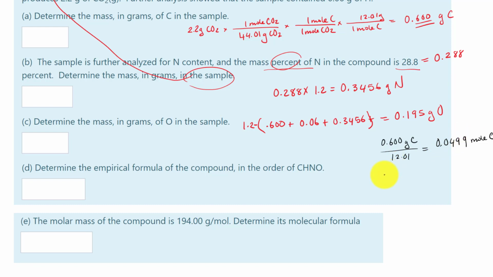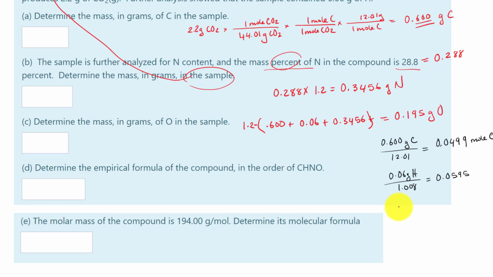Next, we have hydrogen. 0.06 gram of hydrogen divided by 1.008 gives us 0.0595.